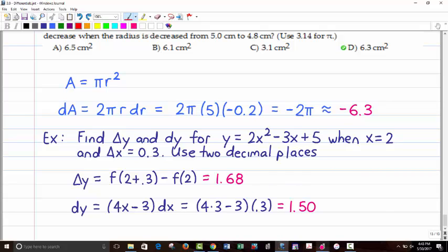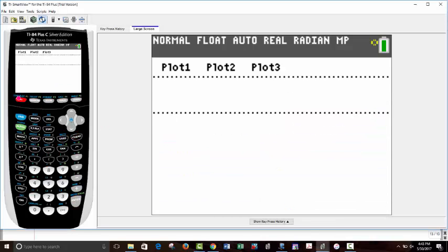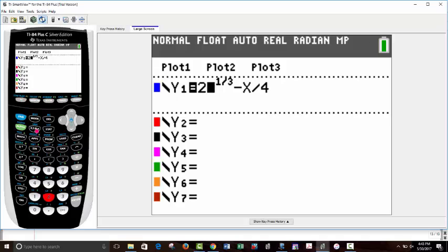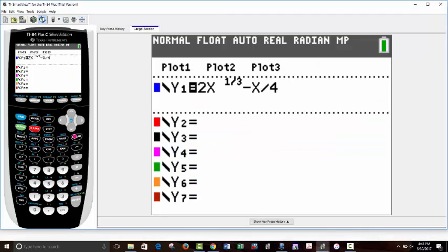I could bring that up in the calculator. It was 2x squared minus 3x plus 5.